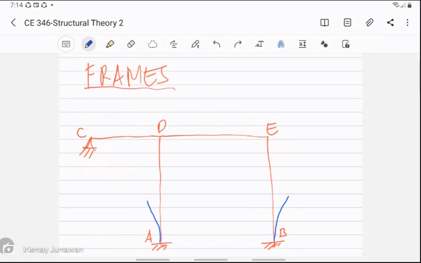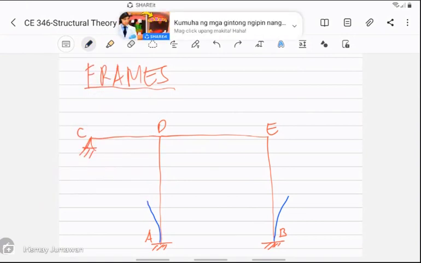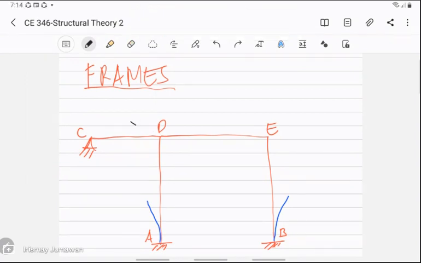So if we draw the elastic curve for this, since D and E rotate, then we know that the tangent line of the elastic curve is the value of our rotation. So we have to draw the line, because the tangent of that line is our elastic curve.